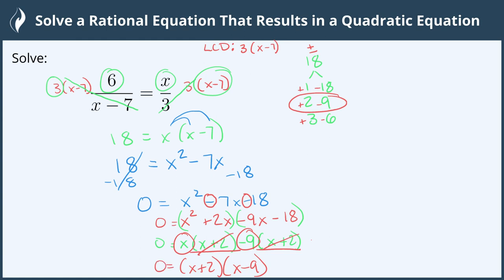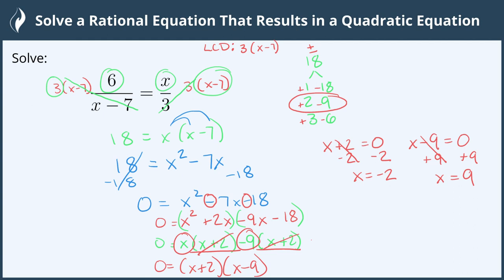Now using the zero product property, that means we will take the two factors, x plus 2, set it equal to 0, and the other factor of x minus 9, and set it equal to 0, and then solve for x. So the first one, we subtract 2 from both sides, which gives us x equals negative 2. And on the right side, we add 9 to both sides, giving us x equals positive 9.